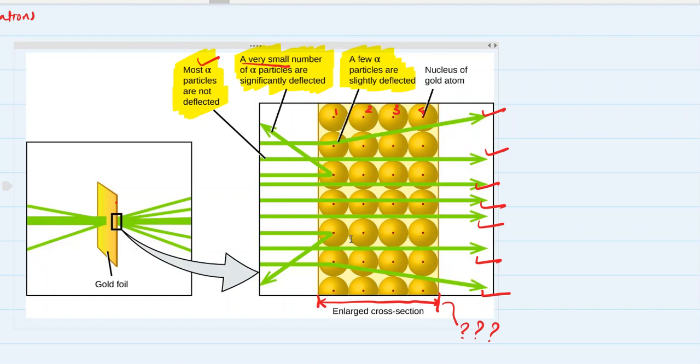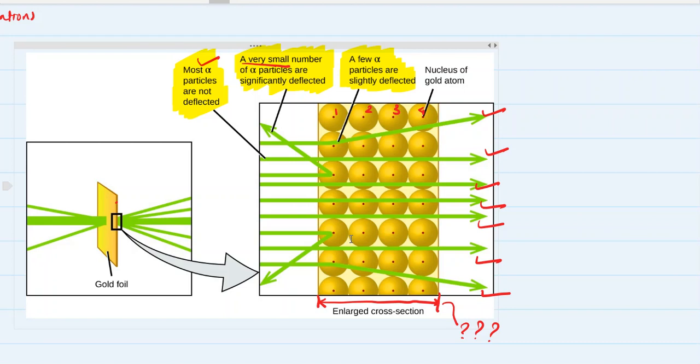The center of an atom was then given the name nucleus. So as you see, the red dots in each of the gold atoms, that is the nucleus.